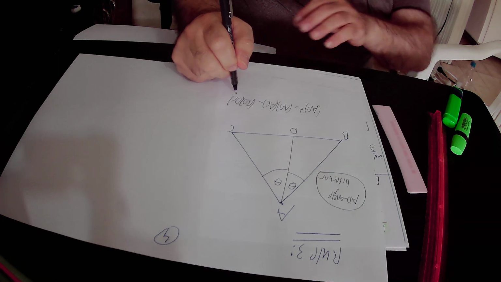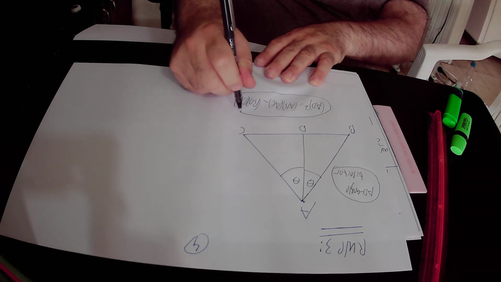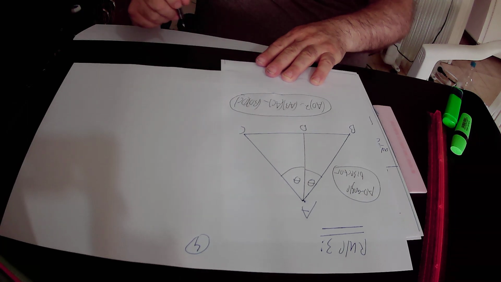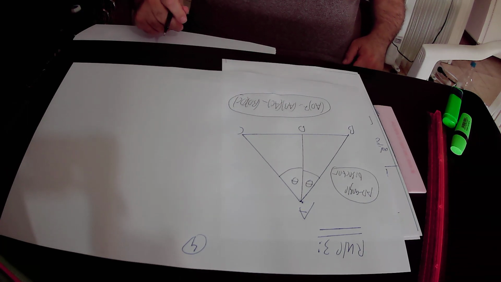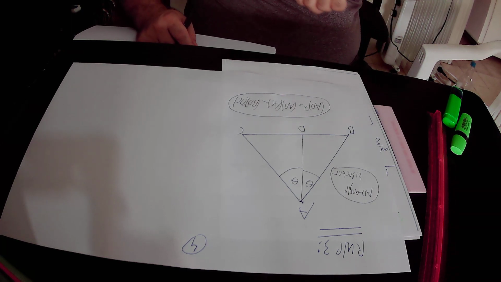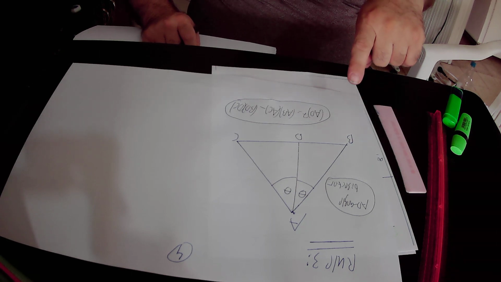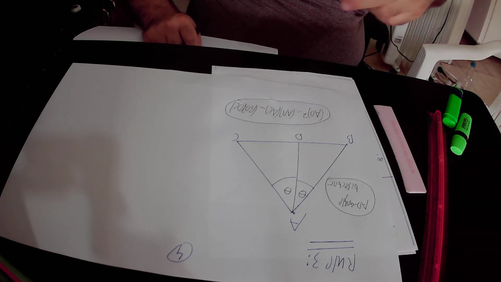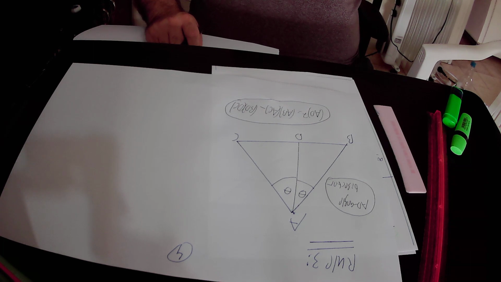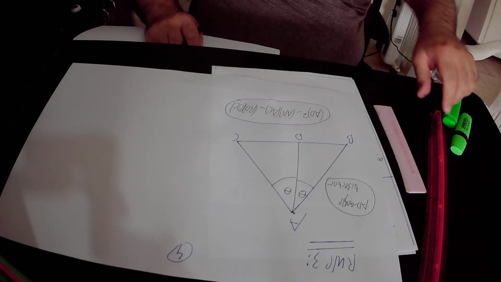So in any triangle ABC, could be any triangle, if we have an angle bisector in the triangle, then we can implement rule number 3. We have here this triangle, the angle bisector AD, therefore we can implement rule number 3 here. According to rule number 3, AD squared, that is the angle bisector squared, equals AB times AC minus BD times DC.